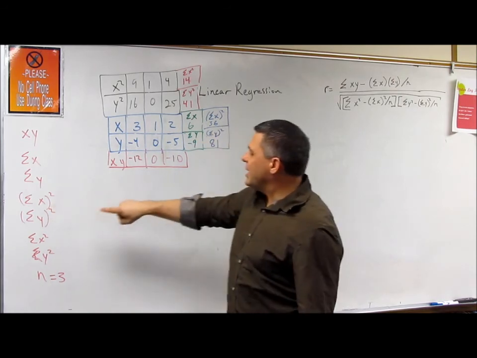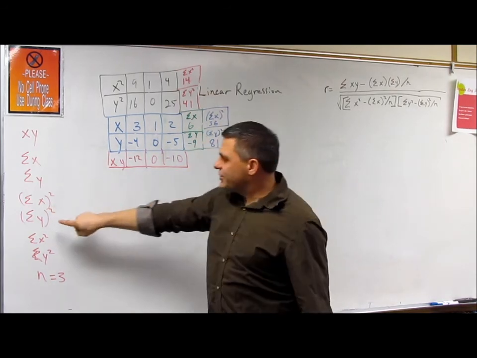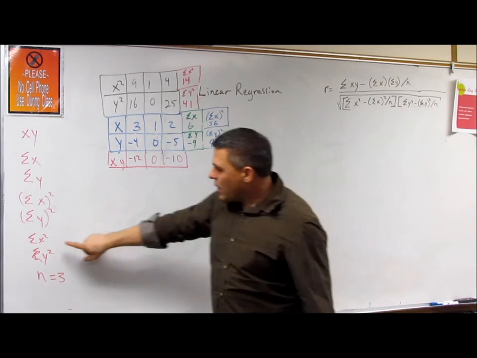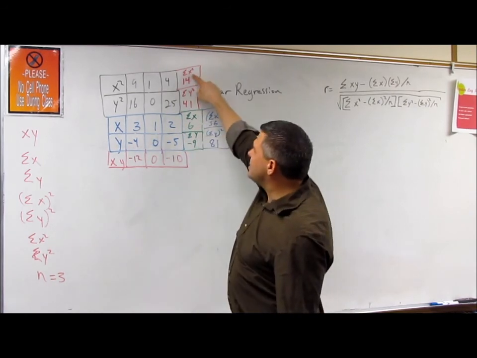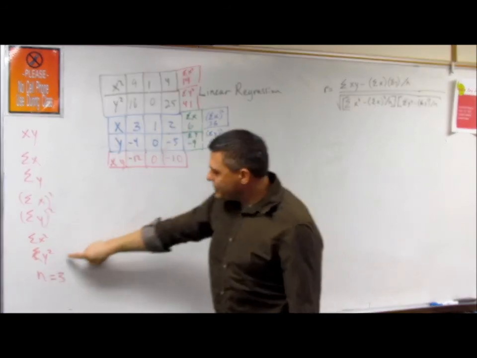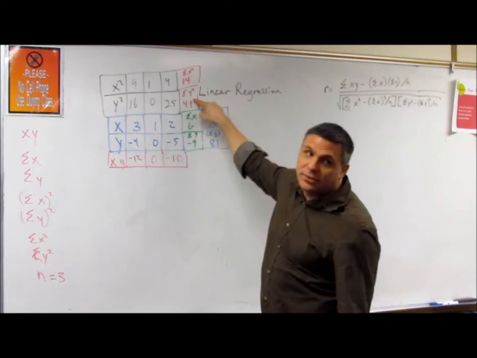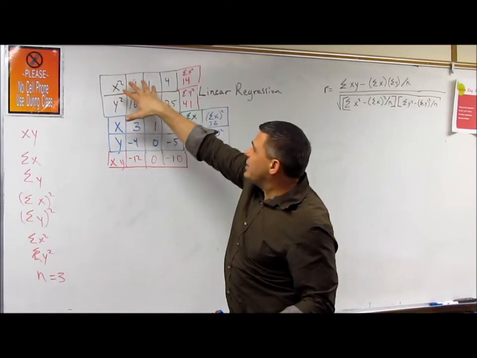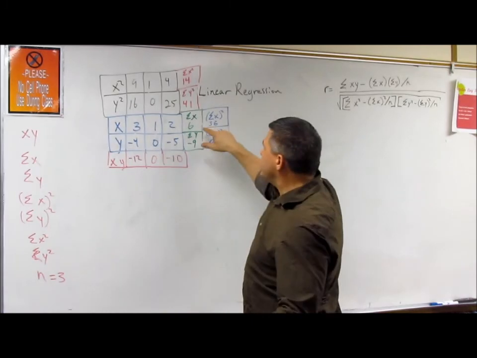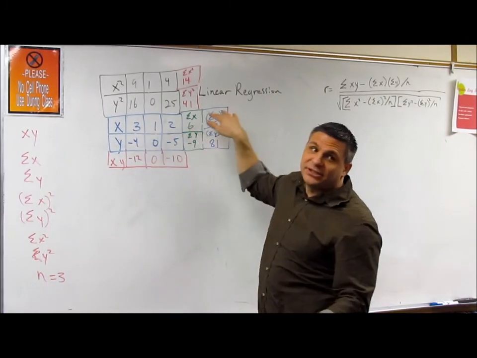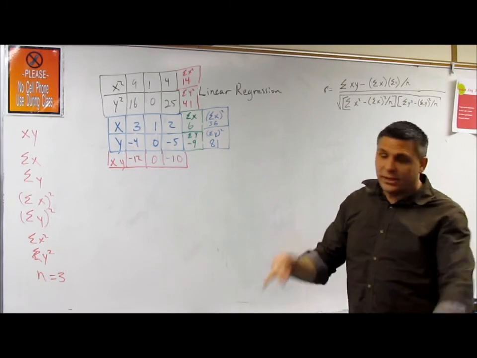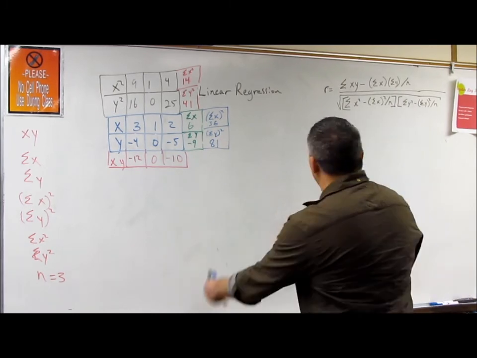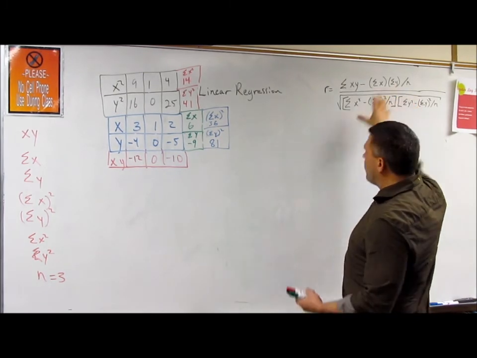We have the sum of the x's, the sum of the y's, the sum of the x's squared, and the sum of the y's squared. The difference being this is the x's squared and then adding them up, and this is adding them up and then squaring it, right? So that's really important. Now we just plug it into the formula.